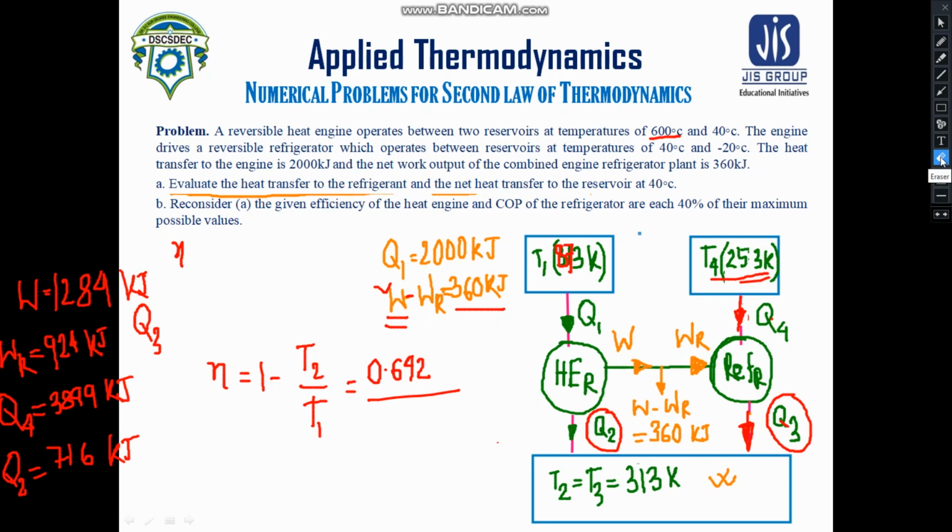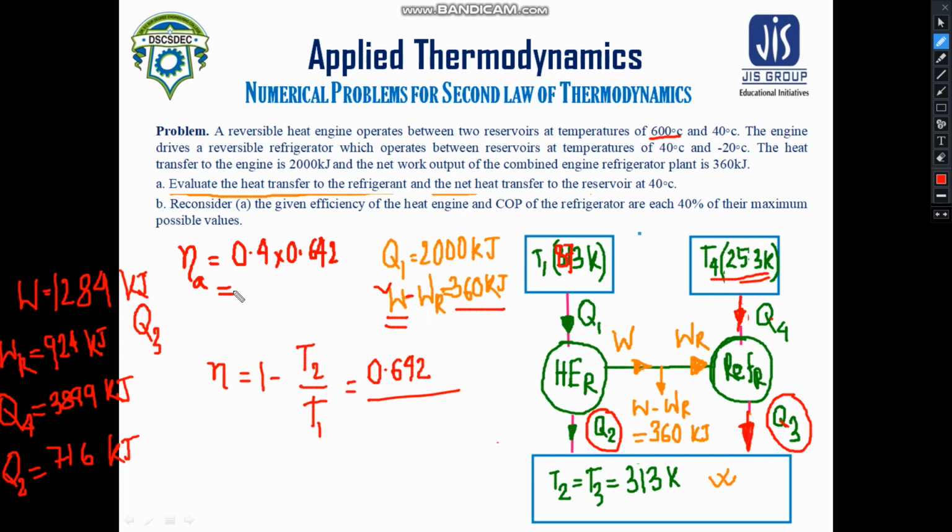Let us consider eta A. Eta A is your efficiency for the actual heat engine. So it will be 40%, right? So it will be 0.4 multiplied by 0.642. It is quite evident that the efficiency will reduce.